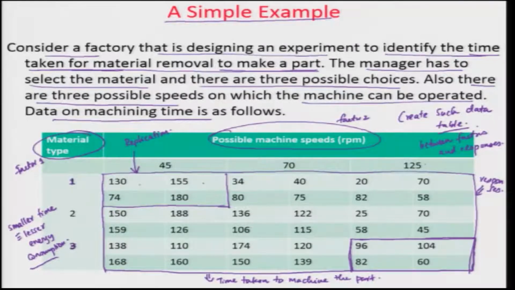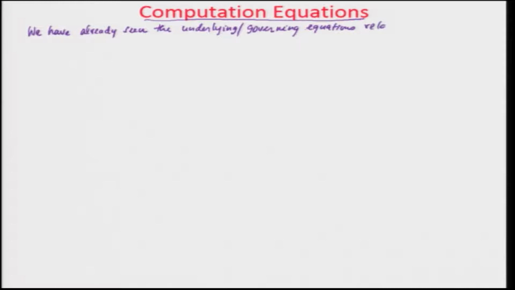Fine. So, with these responses, the next question is how do we get to the analysis or how do we compute the values. The first thing that we need to look into is the computation equations. We have already seen the underlying or governing equations related to two-factor factorial experiments.